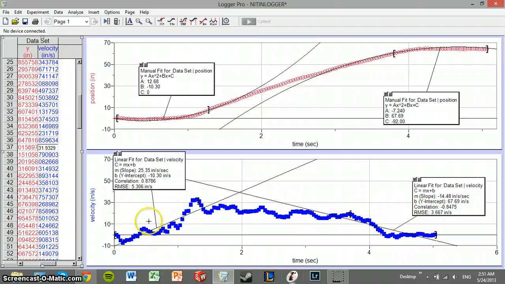I can just find the slope of these two segments, and whatever the slope is is the acceleration of those two points. The units are also correct because it says 25.3 inches per second, which translates to 25.3 inches per second squared. Same thing over here, just negative because it's slowing down and stopping instead of speeding up.